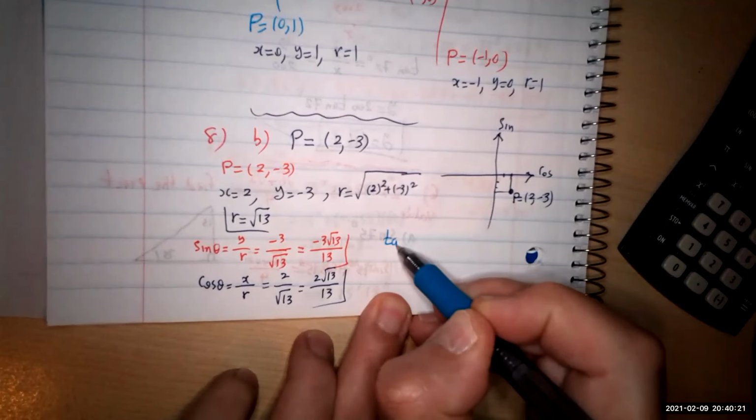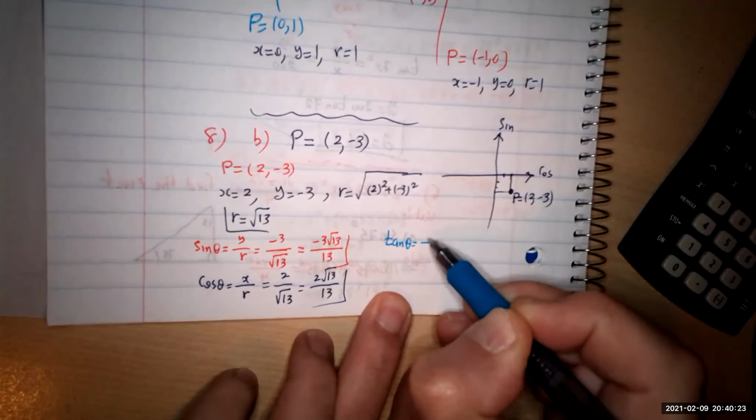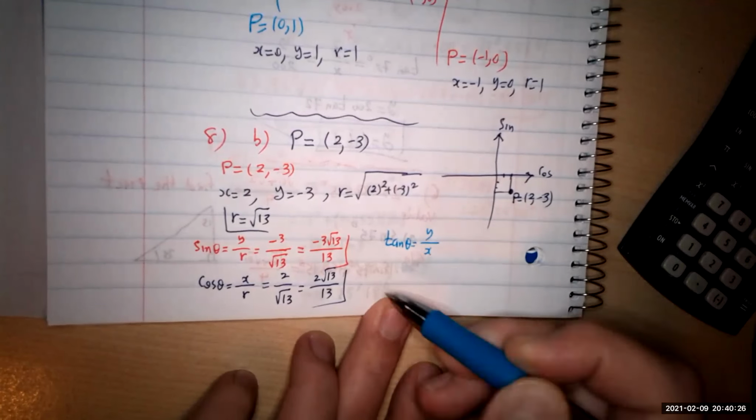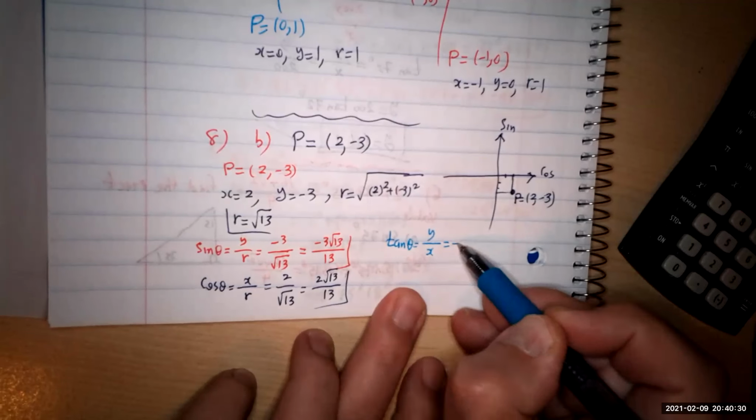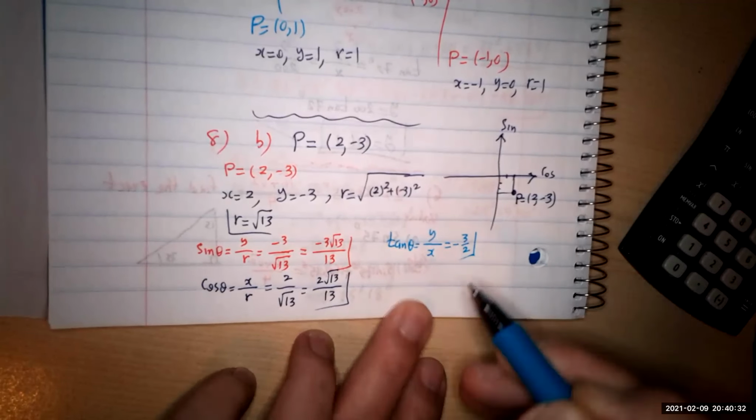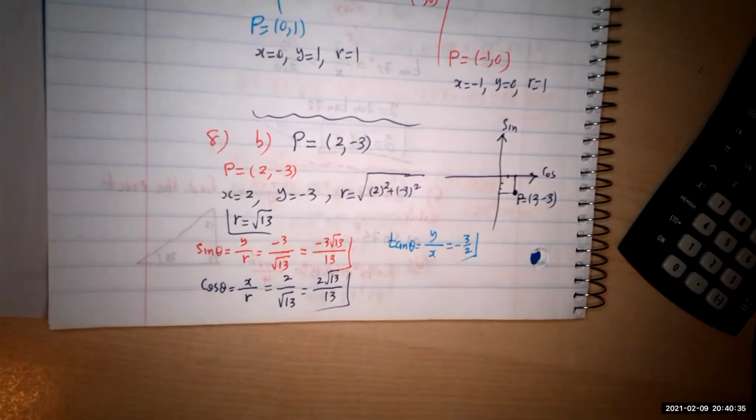Tangent, you divide y over x, negative 3 over 2. That's the tangent. Make sure you remember the formula and substitute to get it.